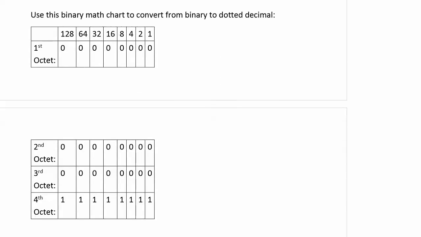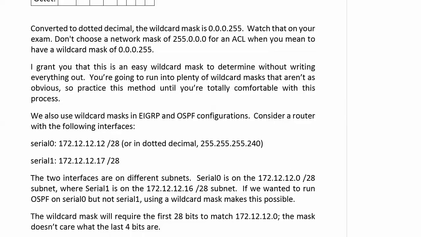And then you just convert it from binary to dotted decimal. And the wildcard mask is 0.0.0.255. You really want to watch that on your exam, especially when you're first getting started with these, because it just looks funny. It's like you're looking at that answer in a multiple choice question and you're thinking, that can't be right. But with a wildcard mask, it is. You want to watch that on your practice exams and your real exams.